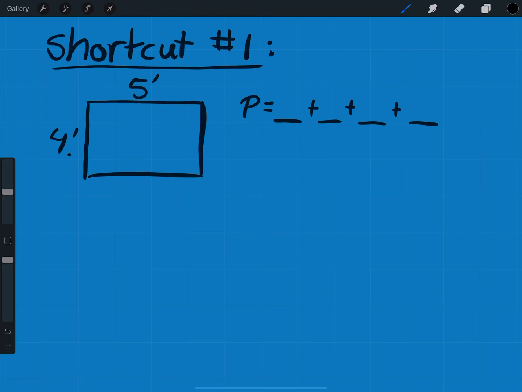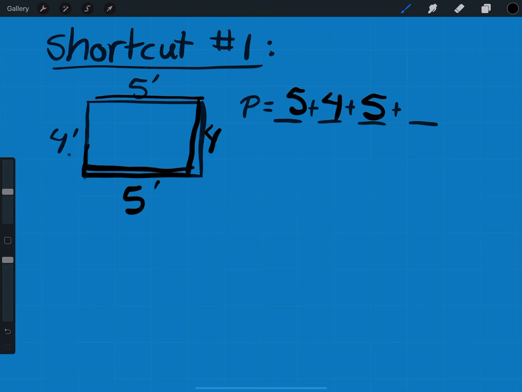That means, of course, that this side will be 4 and this side will be 5. Okay, so we can add 5, and we'll go to the next side, plus 4, plus 5 this way, plus 4.